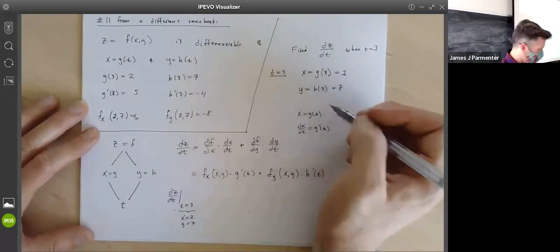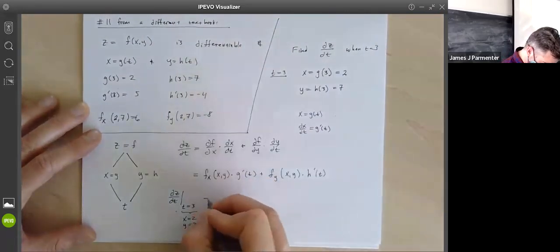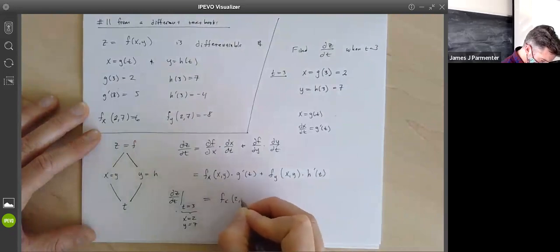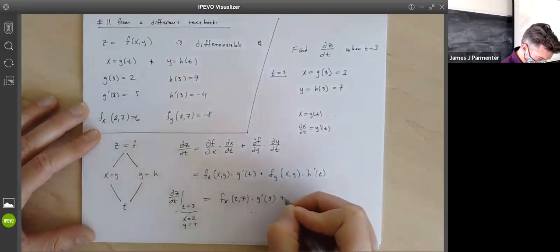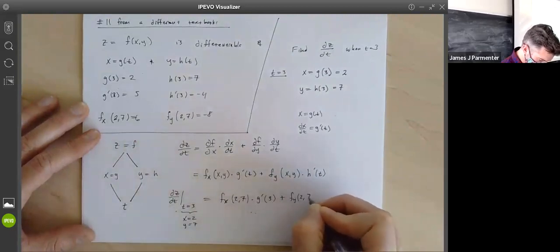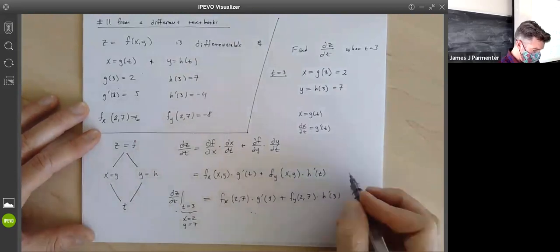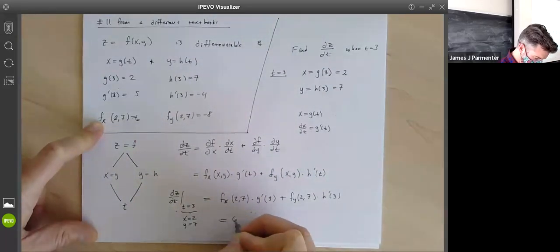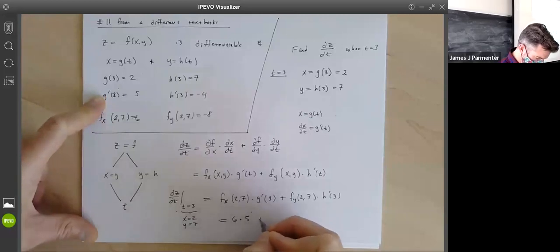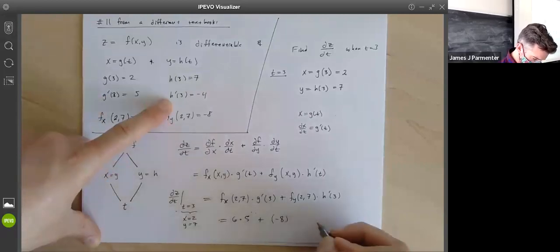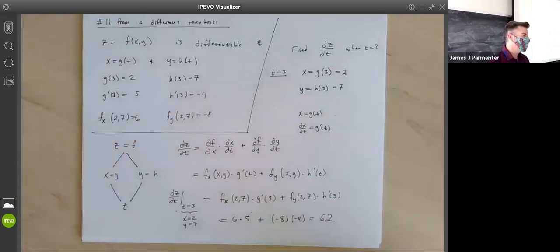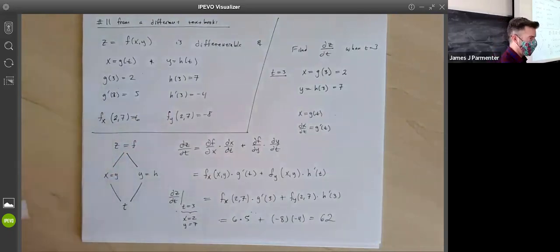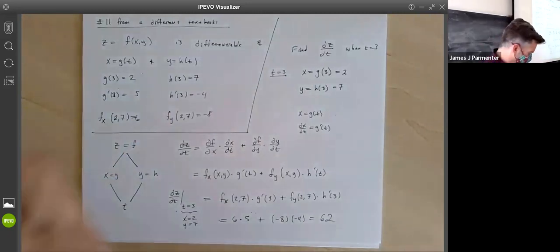So I'm going to have fx at 2 comma 7 times g prime of 3 plus fy at 2 comma 7 times h prime of 3. And then we know all those things. That's going to equal 6 times 5 plus -8 times -4, which is some number, 62, I think. It's kind of a weird, contrived example, but it is a question I've seen on homework, so it seemed reasonable to go over.